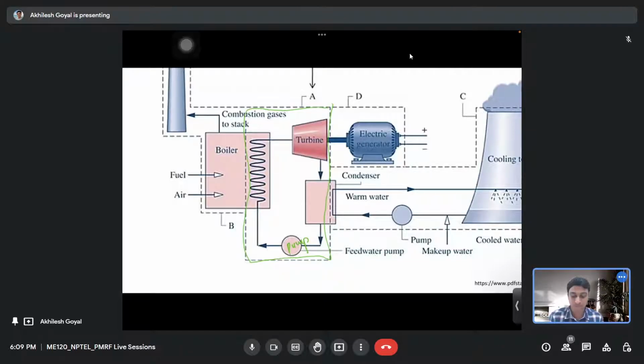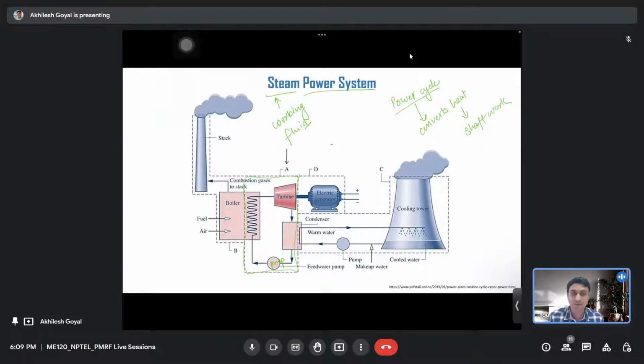So the steam power cycle mainly consists of four parts. First is the boiler where the heat is supplied to the water. The second is the turbine, from where the work is obtained from the steam.